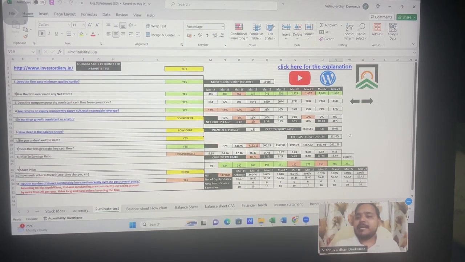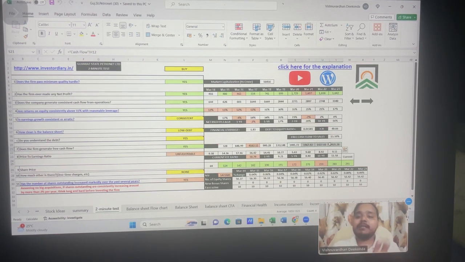Then comes free cash flow to sales. Free cash flow to sales, generally we look for minimum 5%. Now what does this number indicate? Free cash flow to sales indicates the cash generating capacity of the company. So whenever we are investing in a stock, we look for high profitability, that is high quality profitability and high quantity profitability.